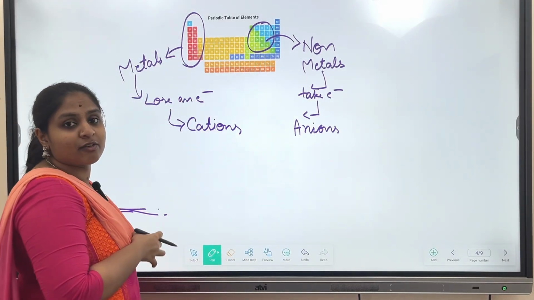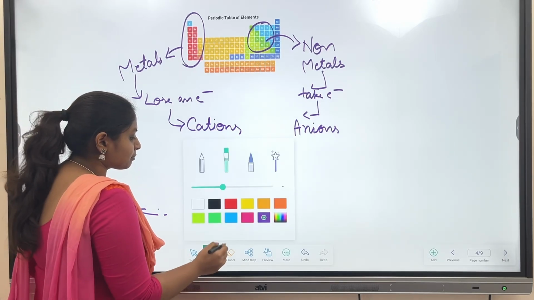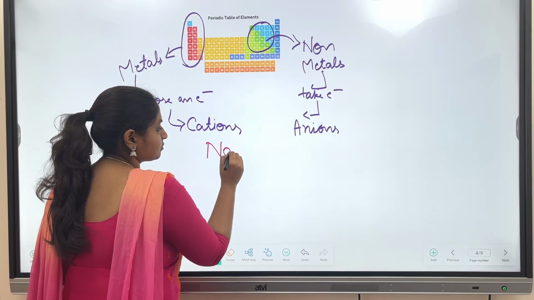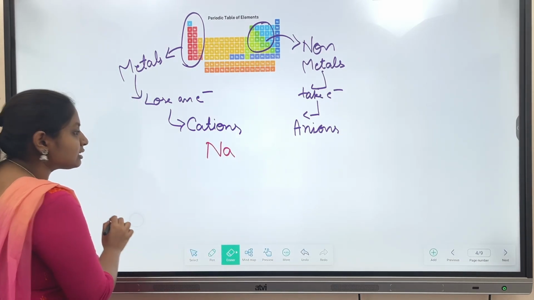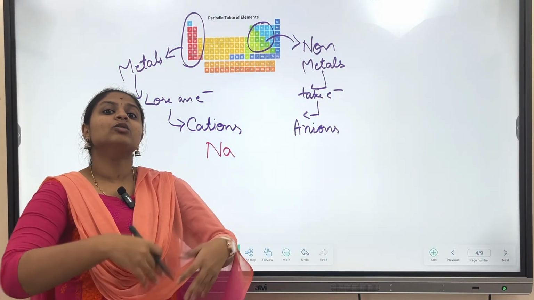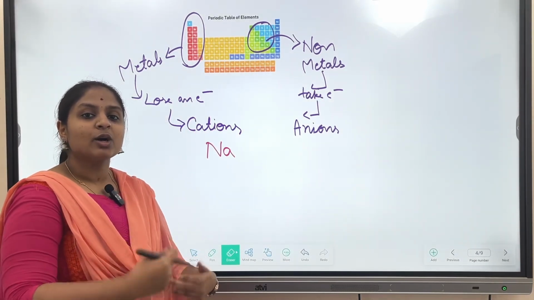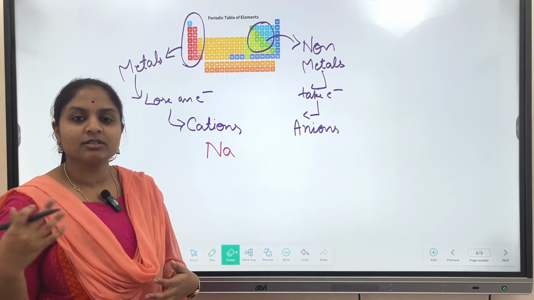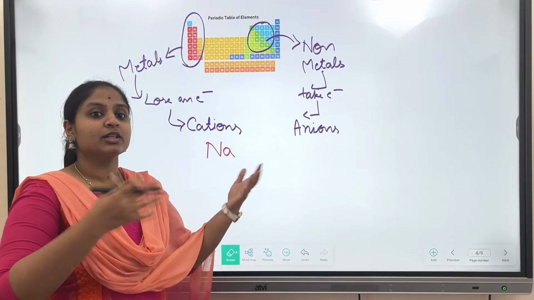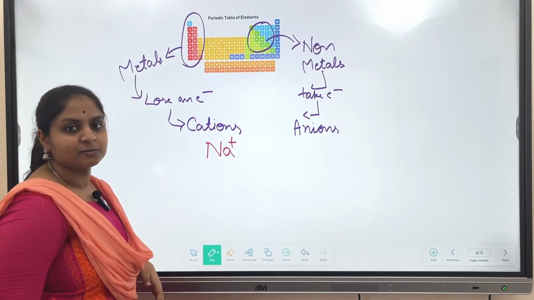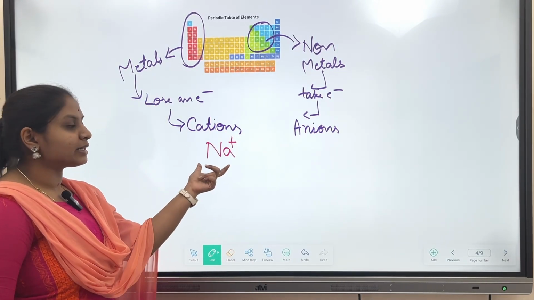I told metals will form cations. Let's say I had sodium. Sodium is a metal. When it loses one electron, it will become a cation. Whoever is giving, if you give money to other people, you are the greater person. So we will add a plus sign here for sodium. This represents a cation.